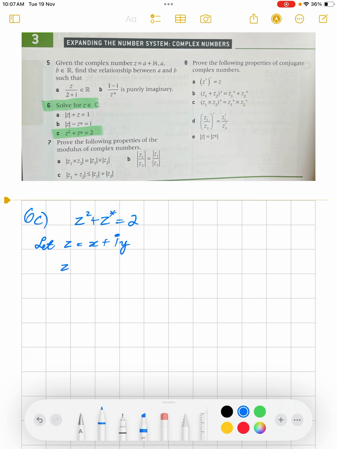and therefore z squared would be (x plus iy) squared, which is x squared plus 2xyi plus i squared y squared.